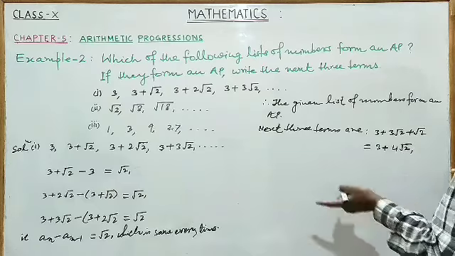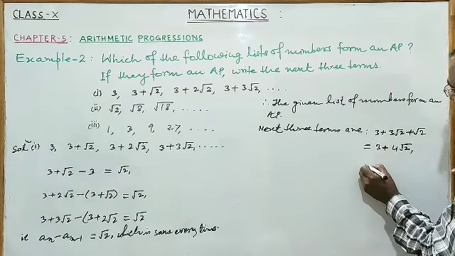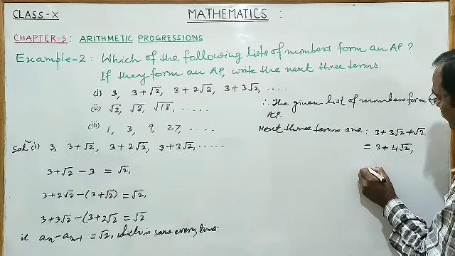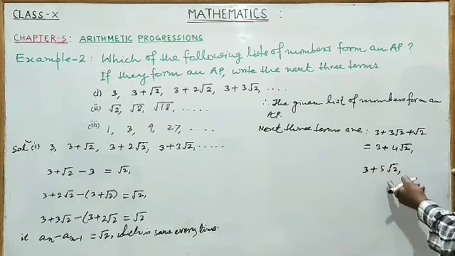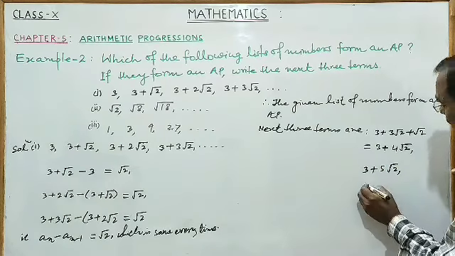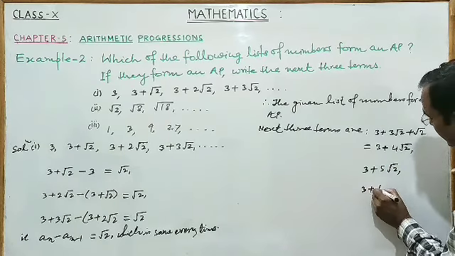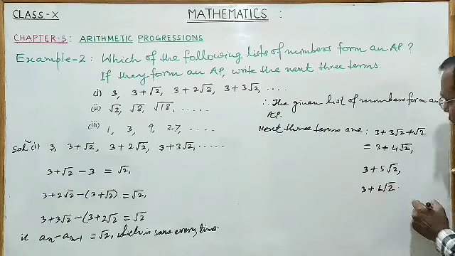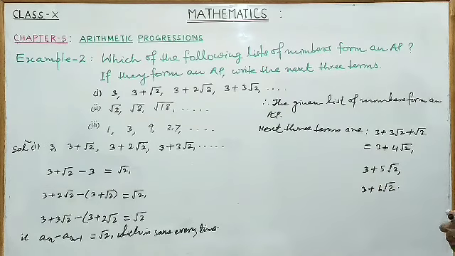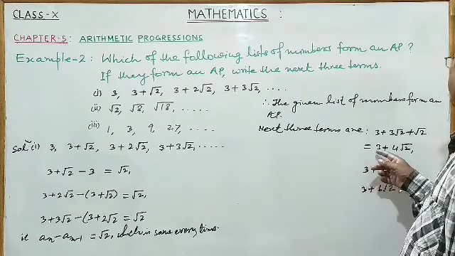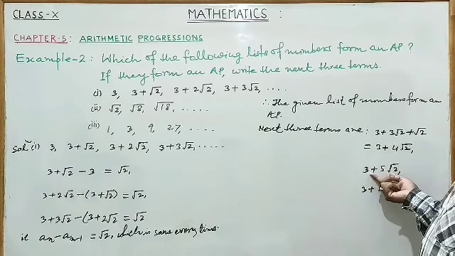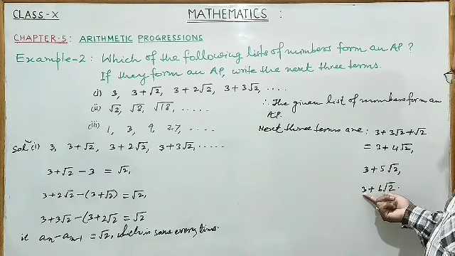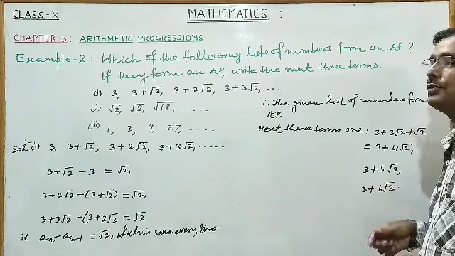And the next term will be 3 plus 5 root 2, and again the next term will be 3 plus 6 root 2. So this way the next three terms of this AP are 3 plus 4 root 2, 3 plus 5 root 2 and 3 plus 6 root 2.